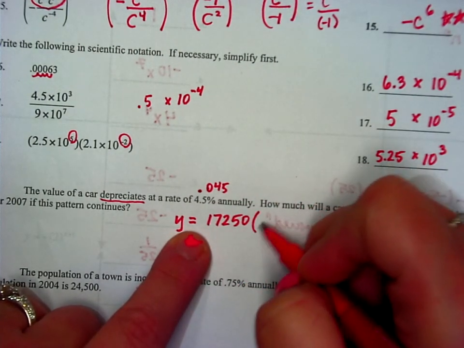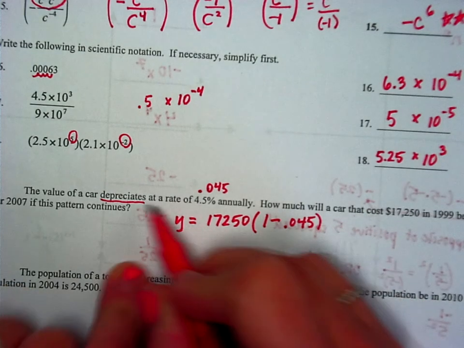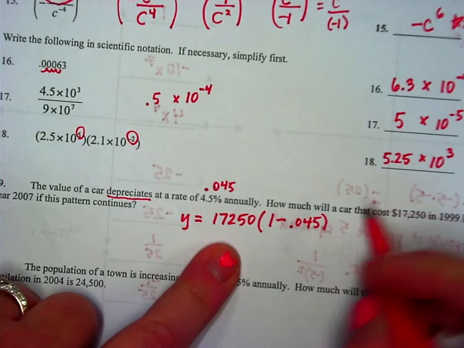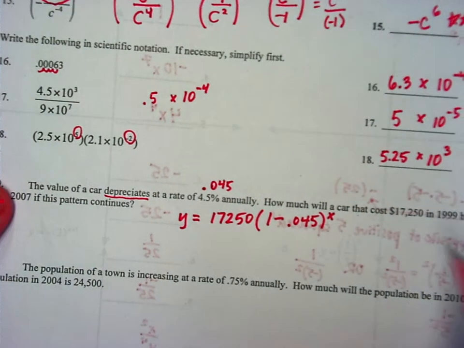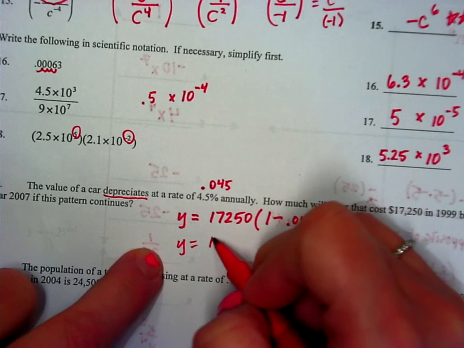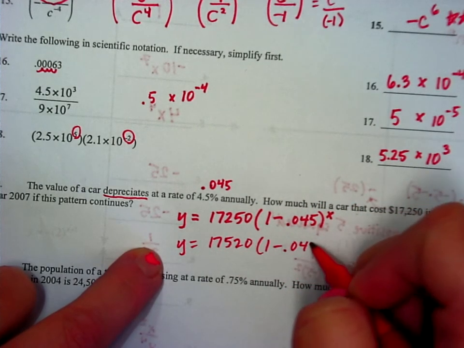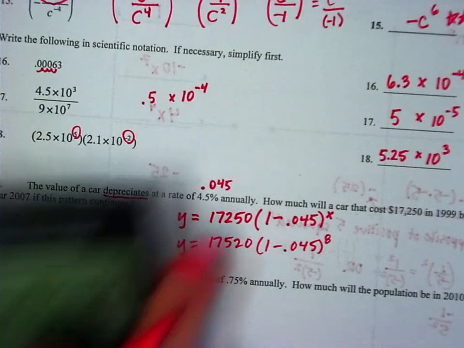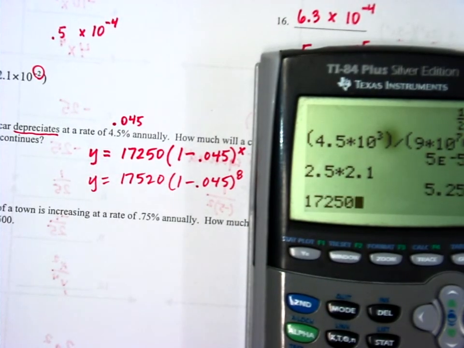And then 1 minus 0.045 for our depreciation, right? It's going down in cost, to the x, right? So that's my model. And then into this model, I want to plug 8 years in, right? So I'm going to do y equals 17,250 times 1 minus 0.045 to the 8th power. And then use your calculator to evaluate that.